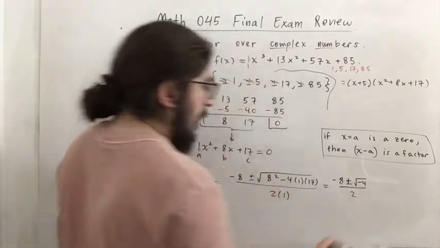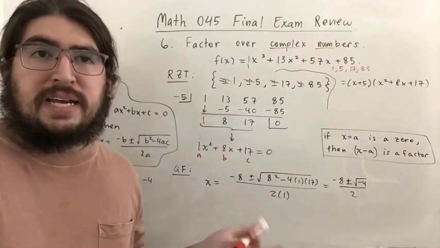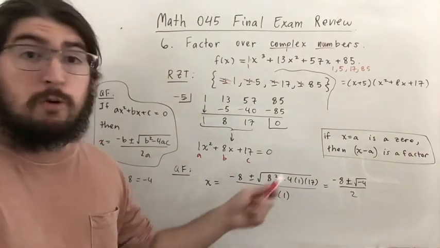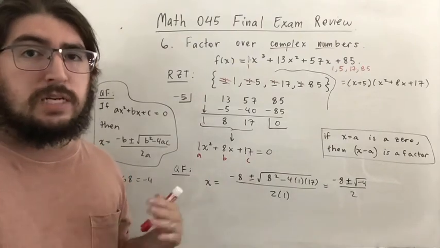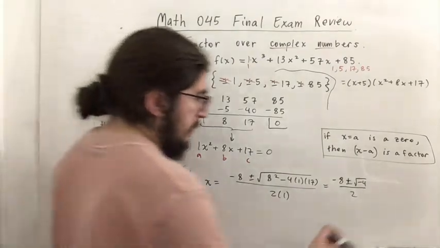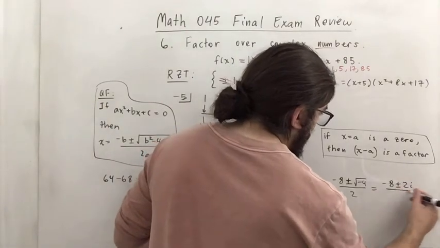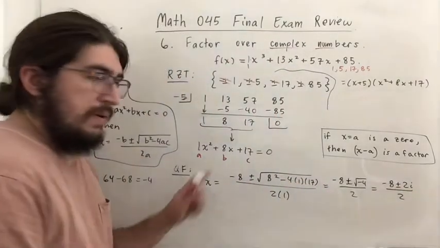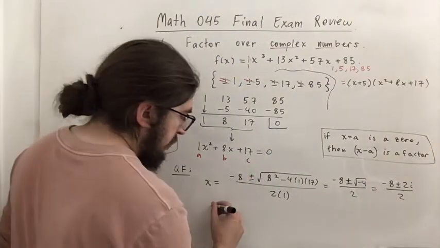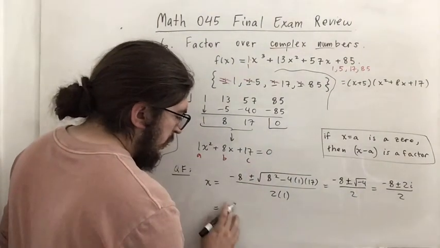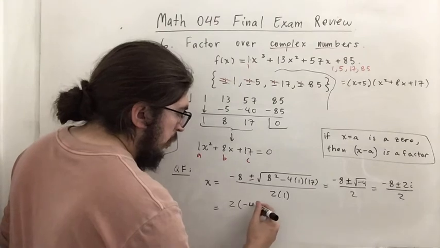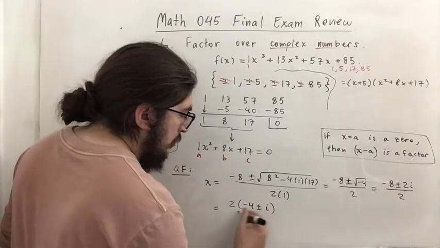Now, what is the square root of a negative number? It's imaginary. So the square root of 4 I know is 2, so the square root of negative 4 is going to be 2 times i, the imaginary unit. So we get negative 8 plus or minus 2i, all over 2. So what I'm going to do is factor 2 out from the top. Factoring the 2 out from the top, we're left with negative 4 plus or minus i on the inside, over 2.